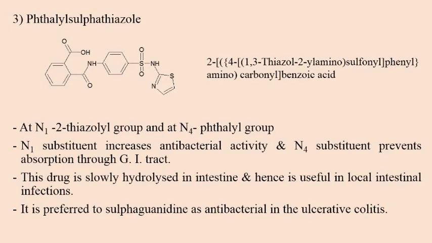So there are chances that any sulfonamide drug which we are administering can penetrate the systemic circulation. So sulphaguanidine cannot be administered in ulcerative colitis. So in ulcerative colitis, a larger molecule is administered, that is phthalylsulphathiazole, which will not be absorbed from the gastrointestinal tract.